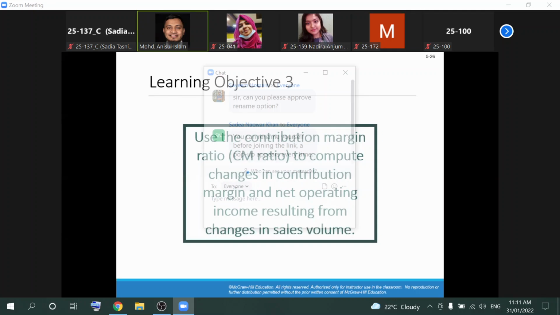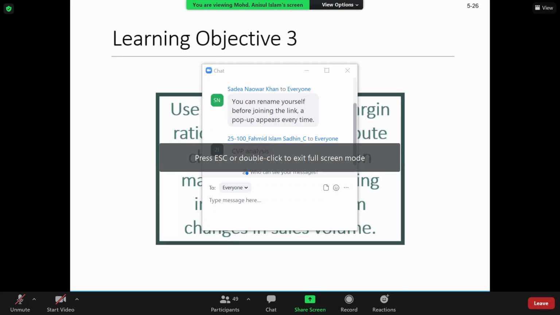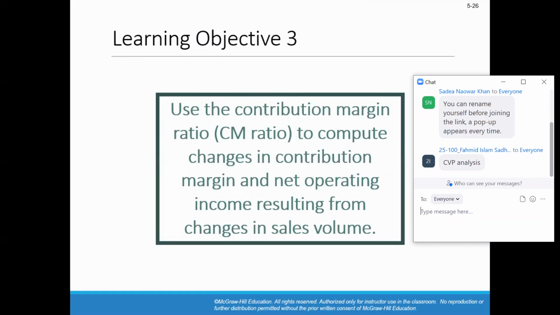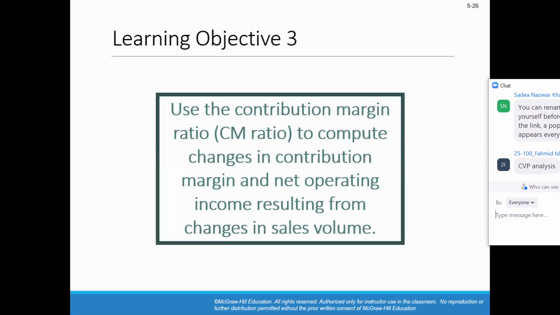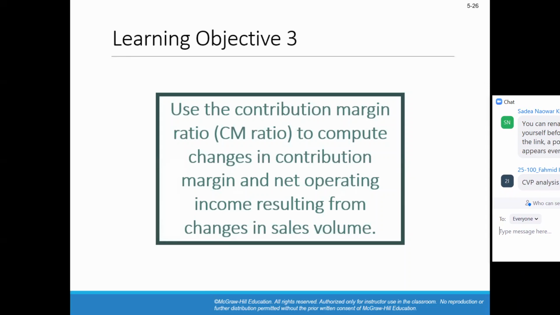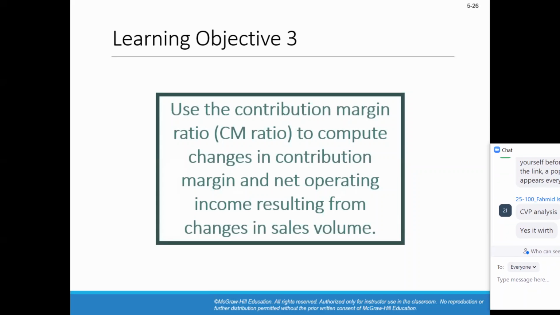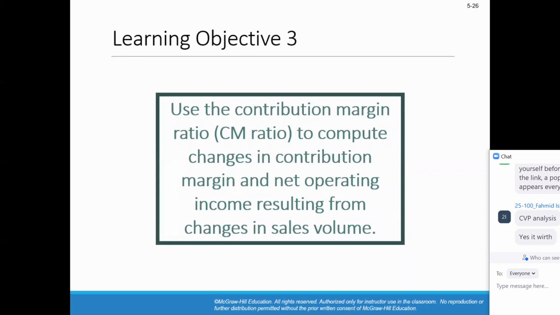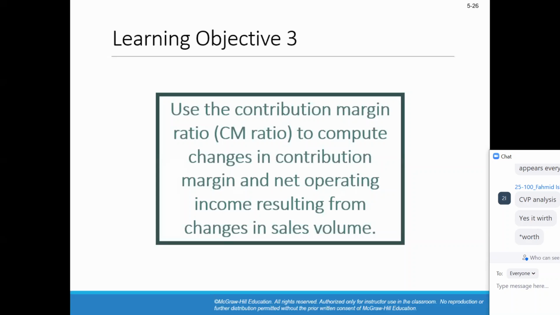Is it worth making a CVP analysis? Is it worth spending time on it? I'm just trying to make sure that you know what we are doing, that we are not spending time for an unknown reason.